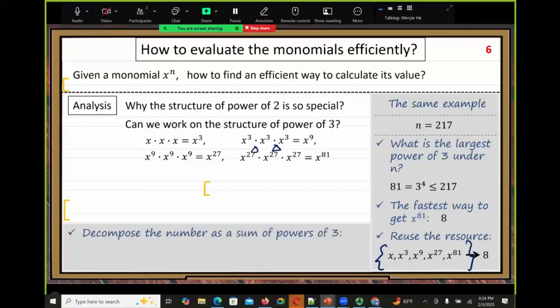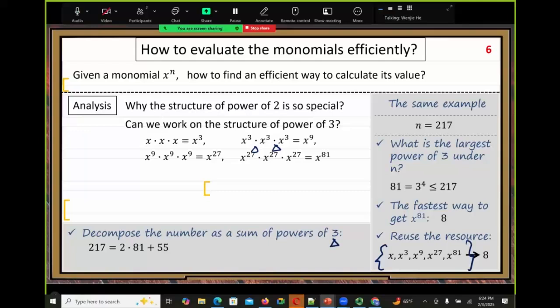With 8 multiplications. Then decomposition. We want to decompose 217 as a power of 3. Use the similar method we did in the previous slide. But when we extract power of 3, remember the base is 3.